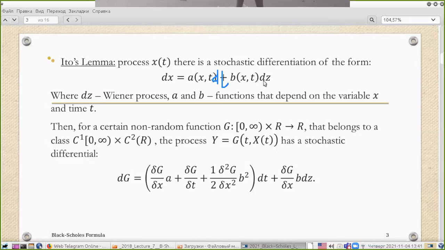If you consider only a dt, it is an ordinary differential equation.